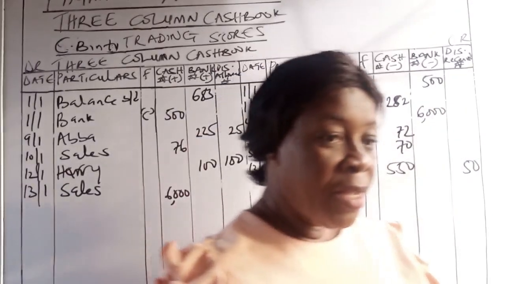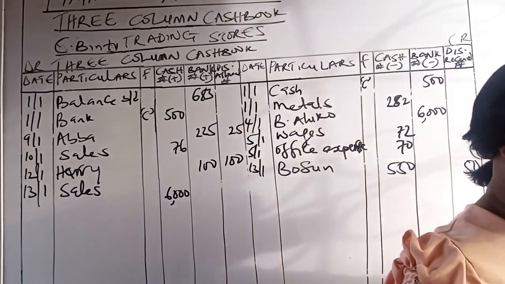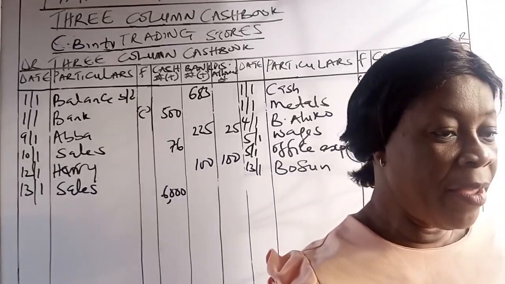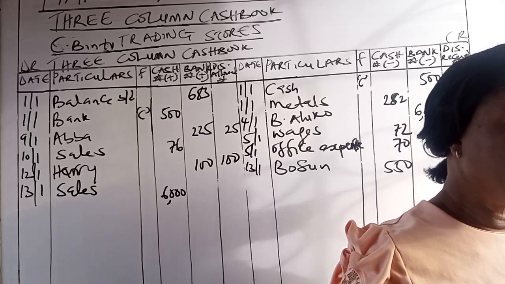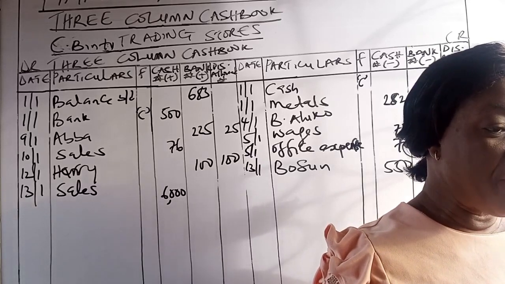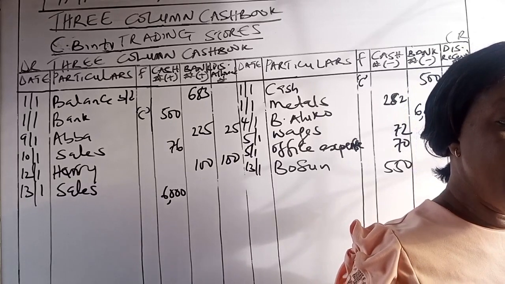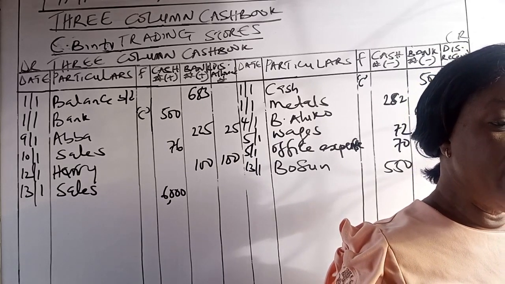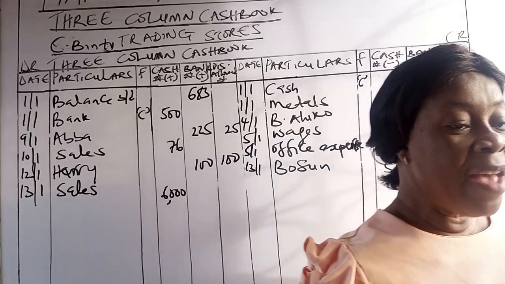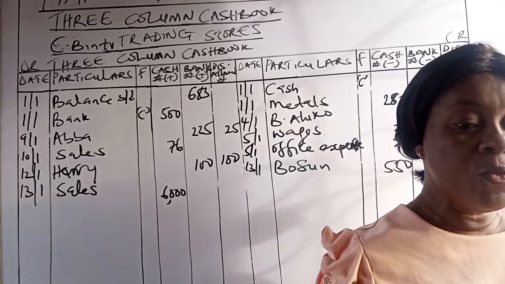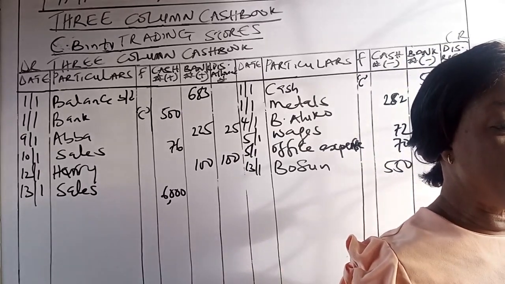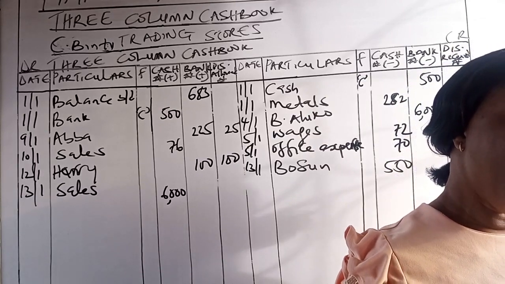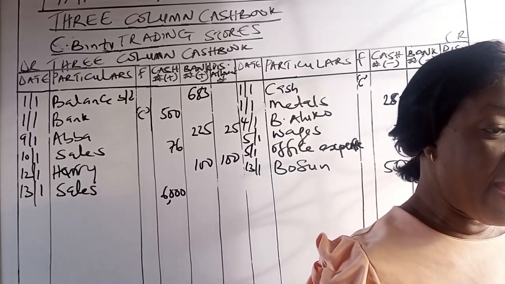Then January 14, purchase 5,000 naira worth of goods from Abe. Purchase goods worth 5,000 naira from Abe and allowed him 5% discount on the goods bought. 5% of 5,000 naira is 250 naira.